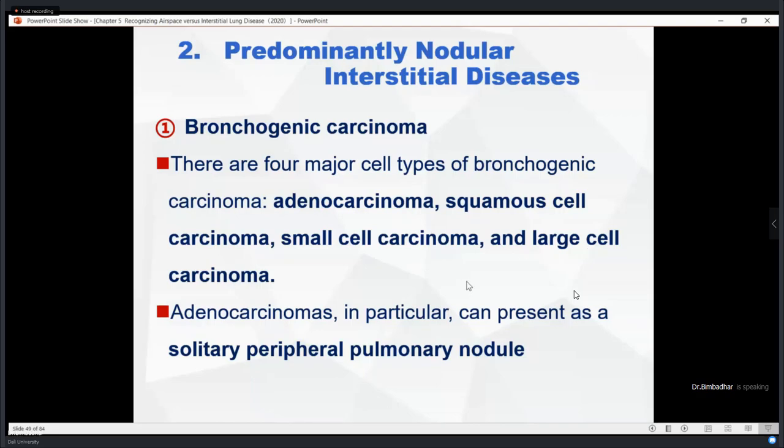If you remember what you read in pathology, they have different kinds of pathological presentations.